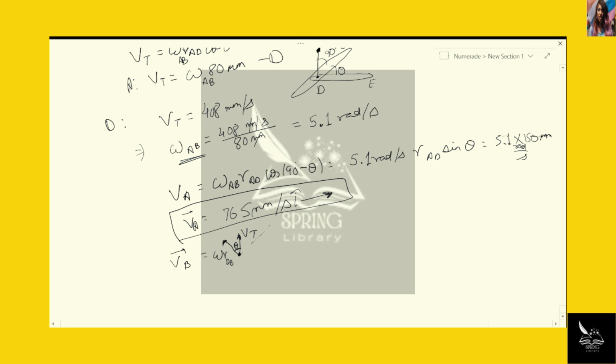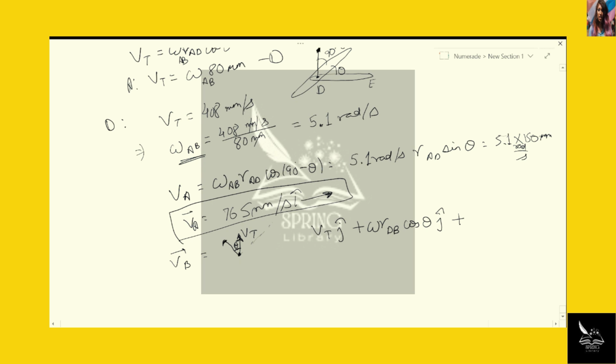So this is going to be Vt times J plus omega r dB cos theta J, that will be the vertical component, plus the horizontal component is going to be negative because it's going to point towards the left. If you break this velocity, one component will go here, another component will go here.